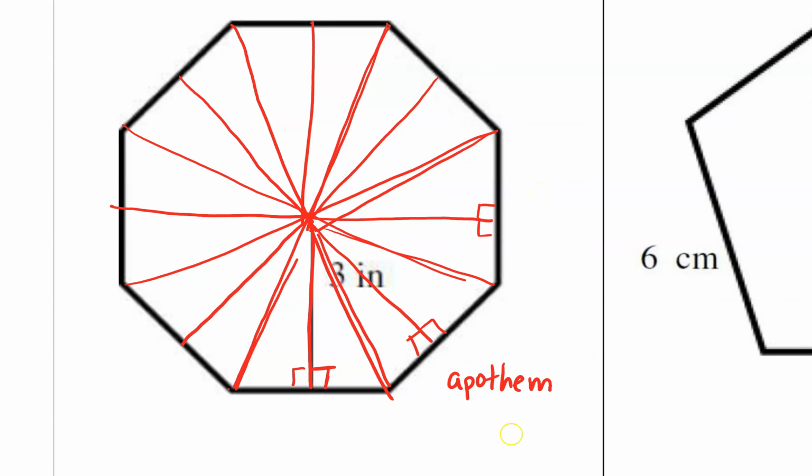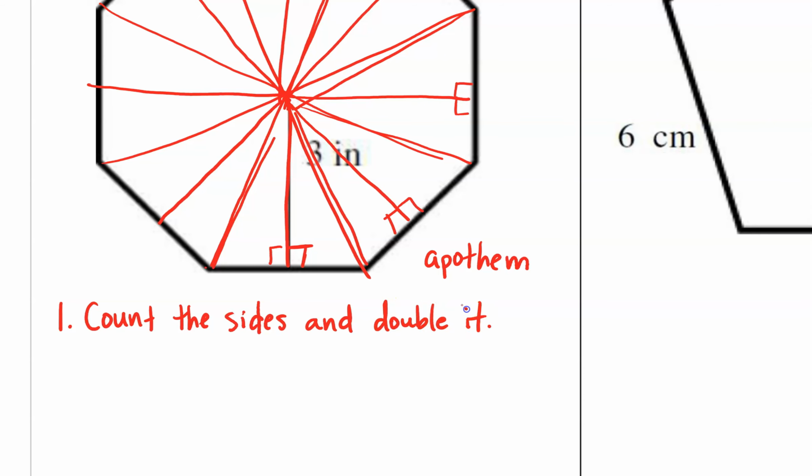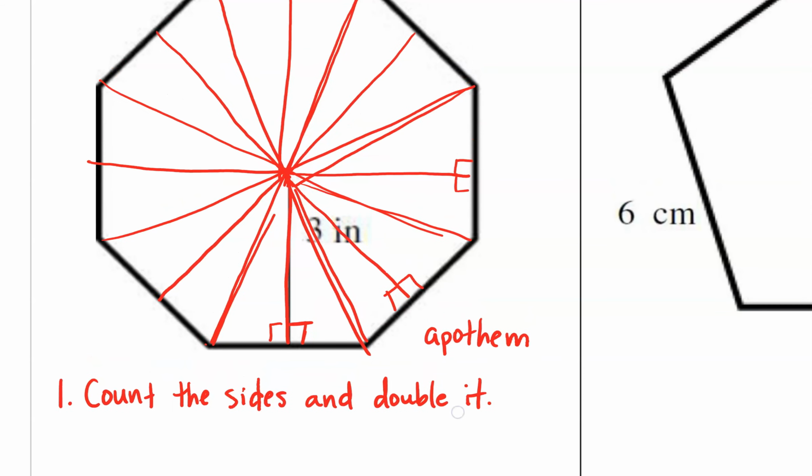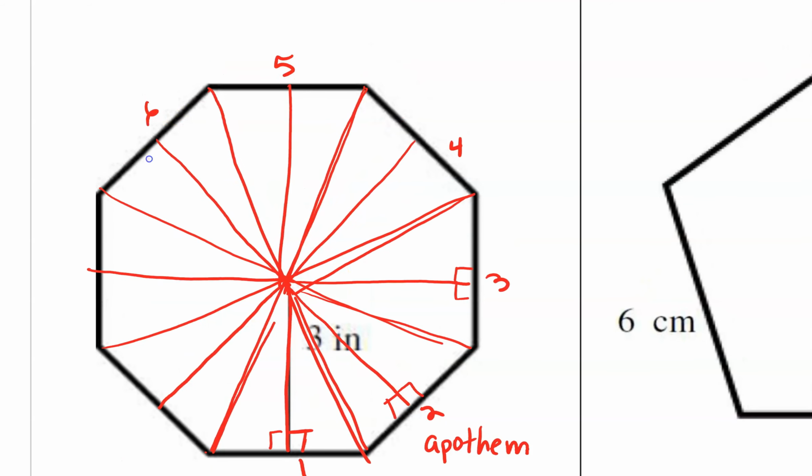So my first step in doing this would be to count the sides, and double it. In this figure, I have 1, 2, 3, 4, 5, 6, 7, 8 sides.